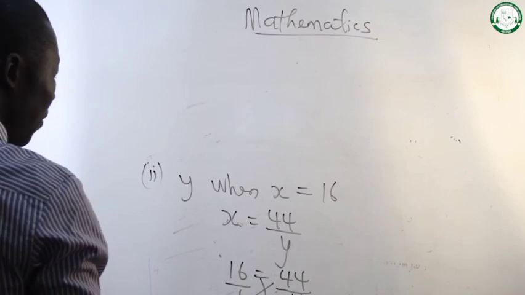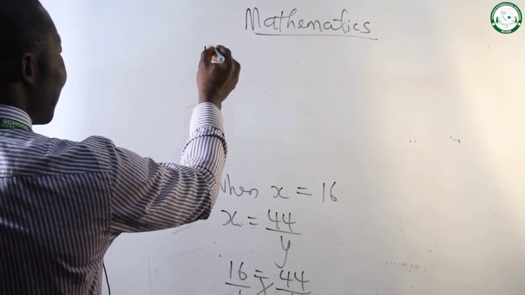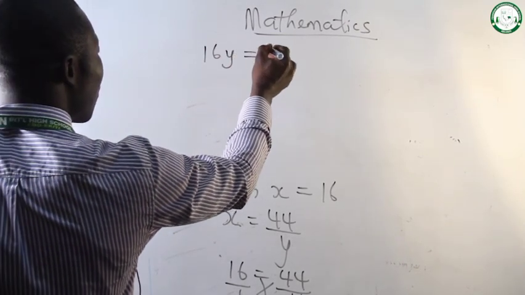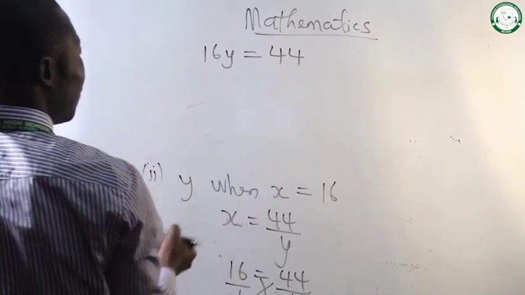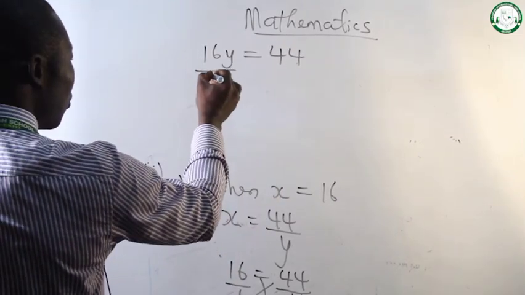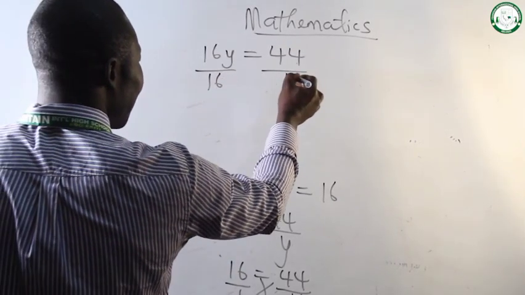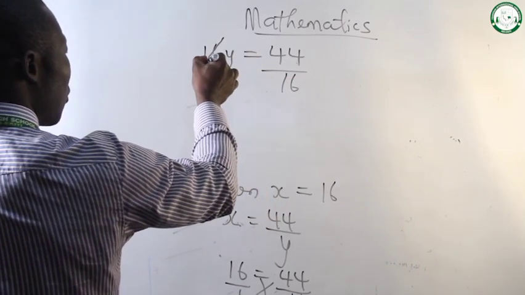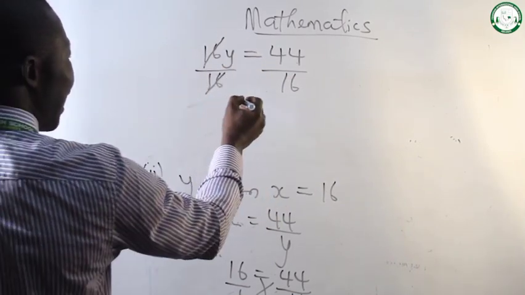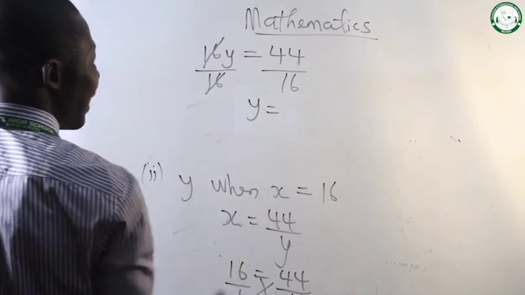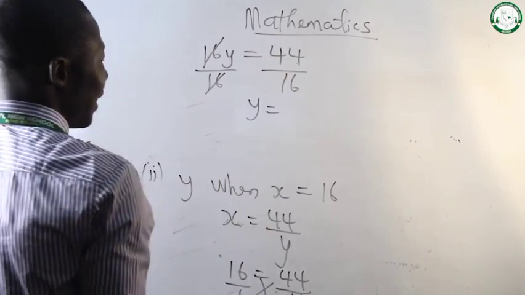If you are cross multiplying, this one will give us 16y to be equal to 44. We'll try to divide through by 16. So this one and this one will go. I'm left with y equals, let's divide this one also.